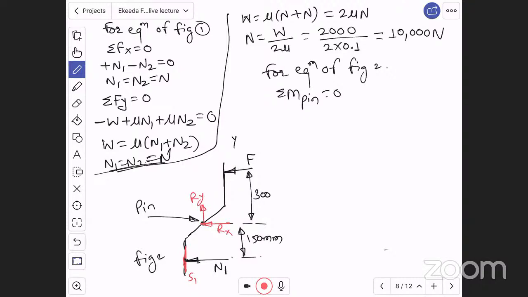Now जैसे कि हमने रिएक्शन कंसीडर नहीं किया है इसलिए मैंने मोमेंट इक्विलिब्रियम इक्वेशन यूज किया, because these Rx and Ry are not creating moment about pin, right? And as I am ignoring these reactions, hence I am using the equilibrium equation as a moment equation.